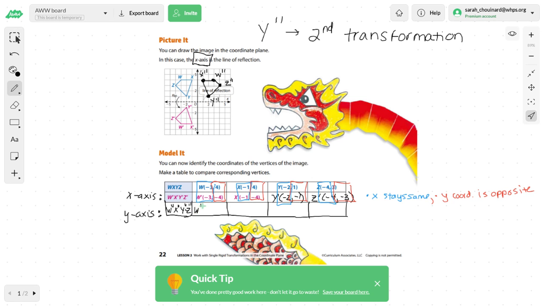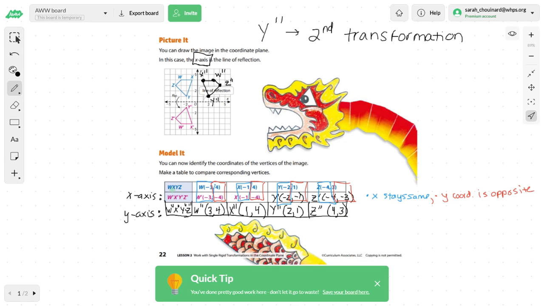So for w double prime, the coordinate was +3, +4. For x, 1, positive 4. So x double prime was 1, positive 4. Y double prime was 2, 1. Z double prime was 4, 3.